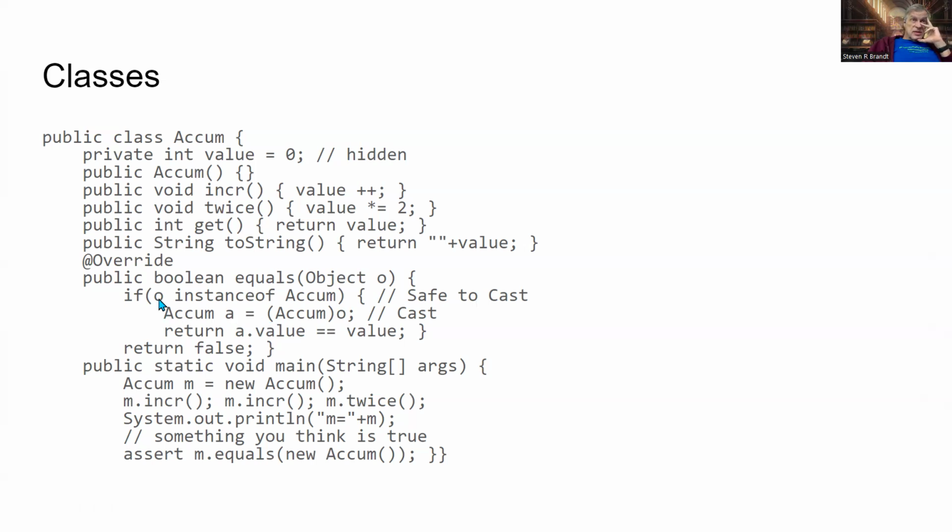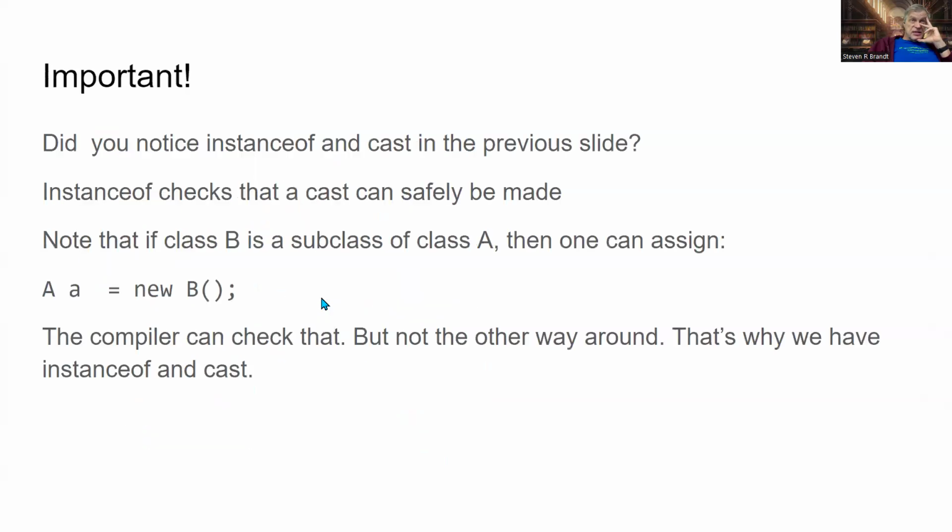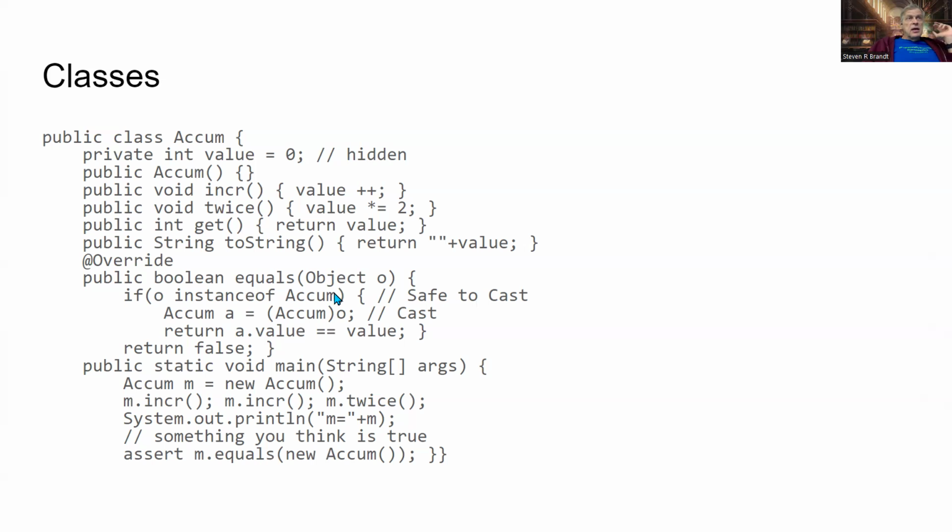So what we do first is we check to see if the cast is safe. If o instanceof accum is true, that means that o can safely be cast to an accum. So first we ask the runtime, can I change o to an accum? And if the answer is yes, then we do it.